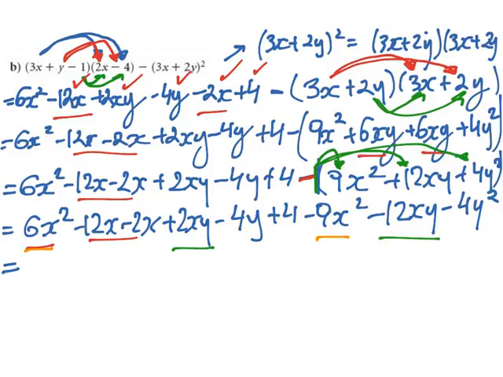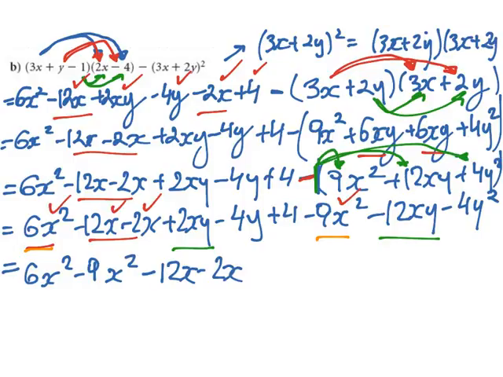So let's combine those like terms. We have 6x squared minus 9x squared. Then we have some x's, so negative 12x minus 2x. So let's do a little check mark for ourselves so that we covered those. And then we have some xy's.